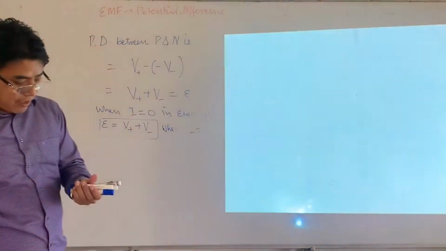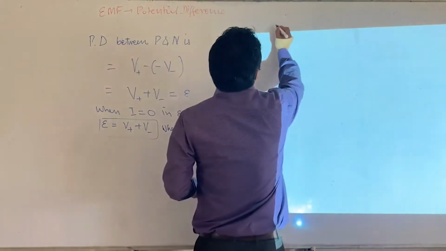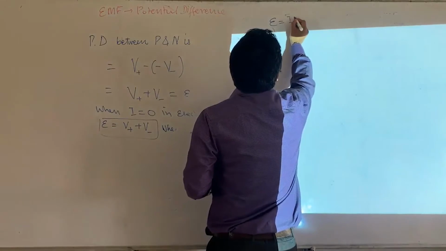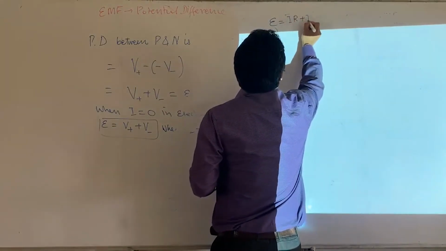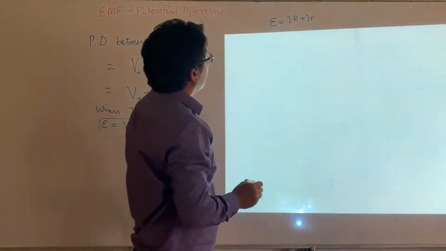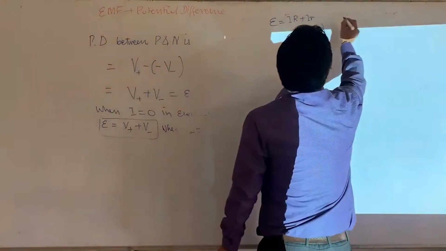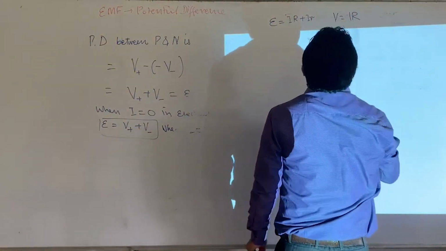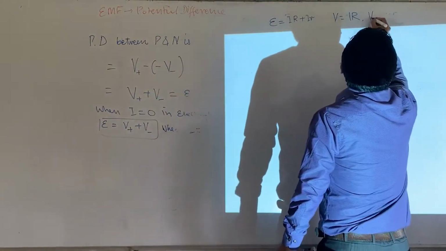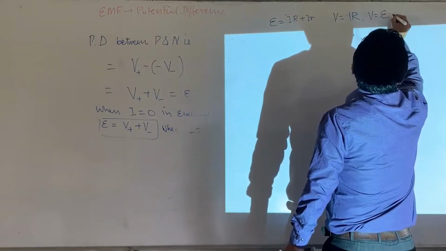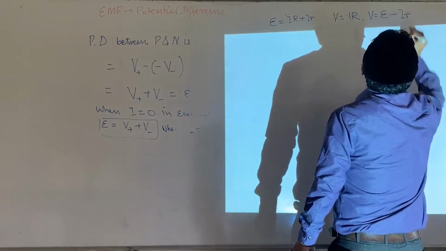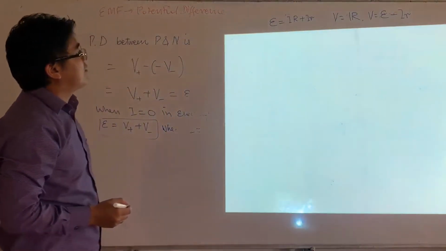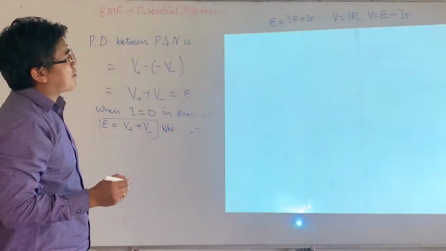So whenever we talk about EMF, there is a current I, and V is going to be IR. So V is going to be EMF minus Ir. This is very important.